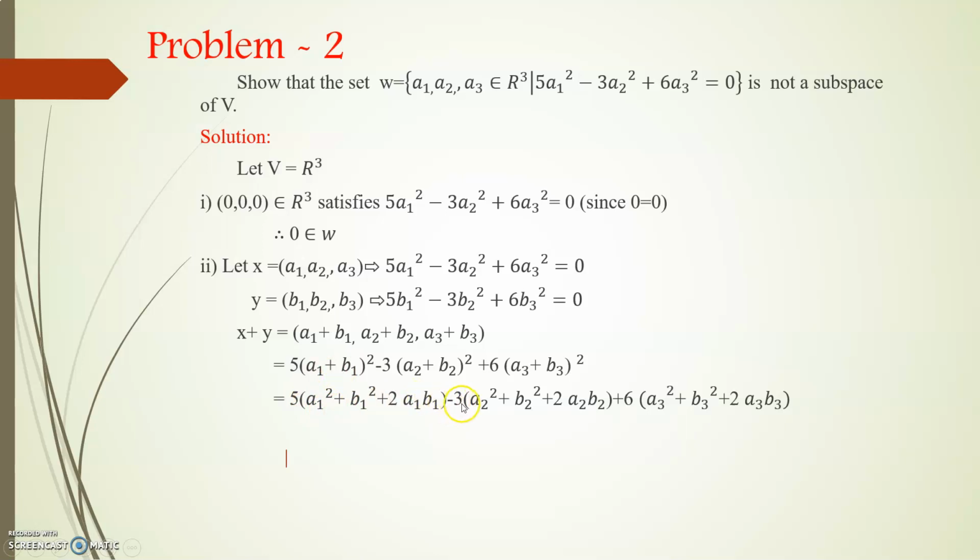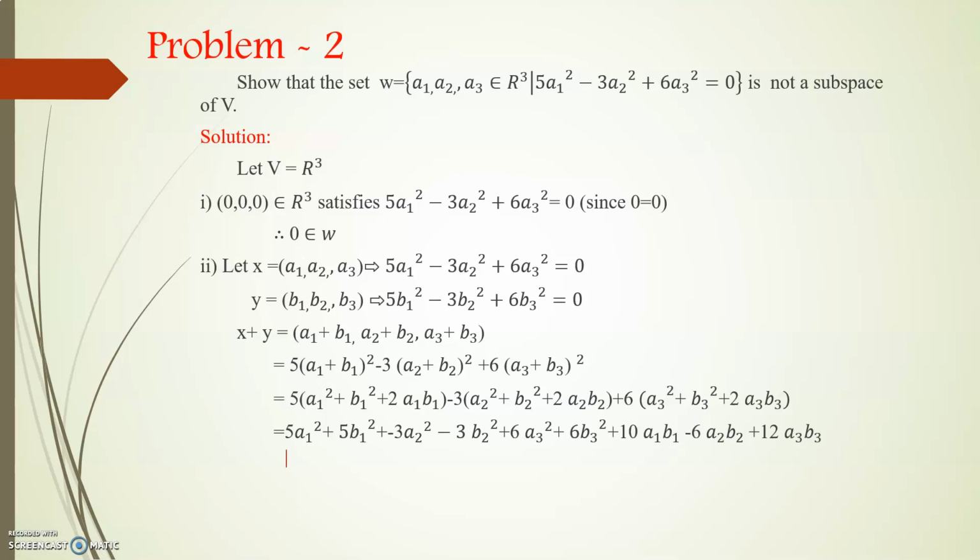Similarly, minus 3 into a2 square plus b2 square plus 2a2b2, plus 6 into a3 square plus b3 square plus 2a3b3. Now we multiply the 5, 3 and 6 inside the brackets. We get 5a1 square, 5b1 square, then minus 3a2 square, minus 3b2 square, plus 6a3 square, then 6b3 square.